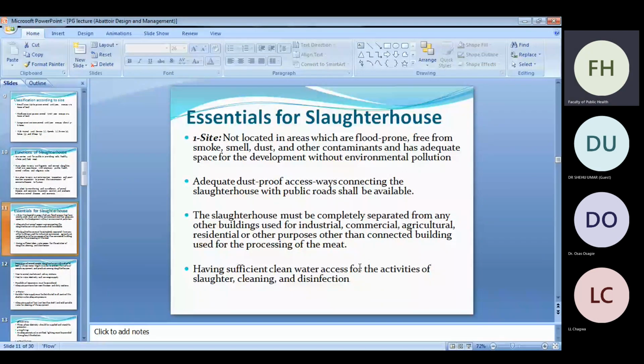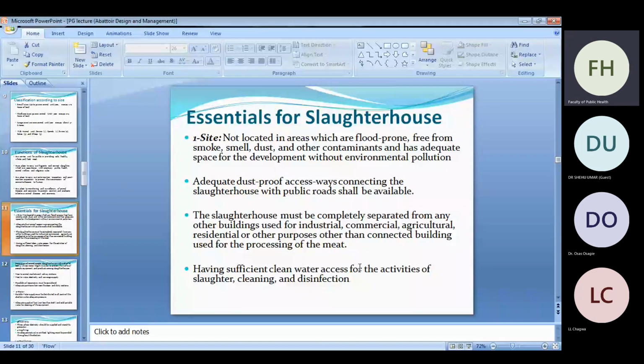It should be located away from smoke, smell, or dusty areas, and where contaminants can come nearer to the area. It must have adequate space for development without environmental pollution. While siting an abattoir, the site must be free from flood, so that when there's flooding, it will not affect the area. It will be free from smoke, free from smell and dust.